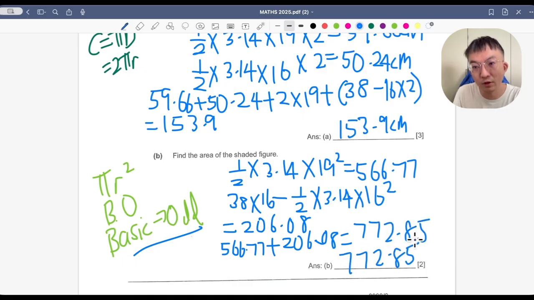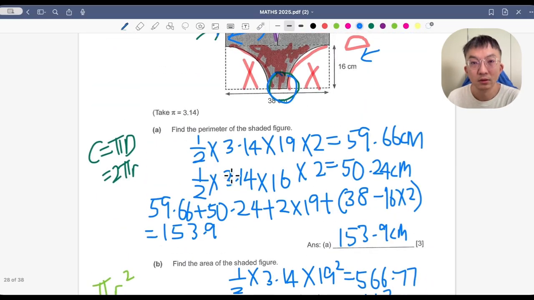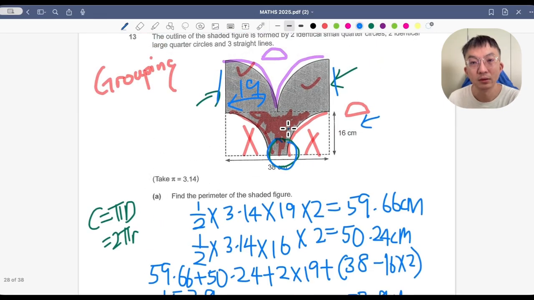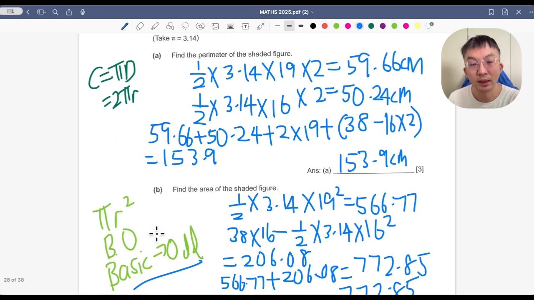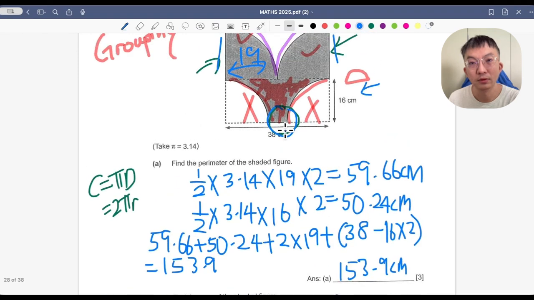Anyway, for area of circle and circumference of circle plus perimeter, in this case, remembering the formula is easy. It's the method. So for perimeter, make sure that you go one full circle, covering every line, be it big lines or small lines. And for the area of the figure, combine them as well.